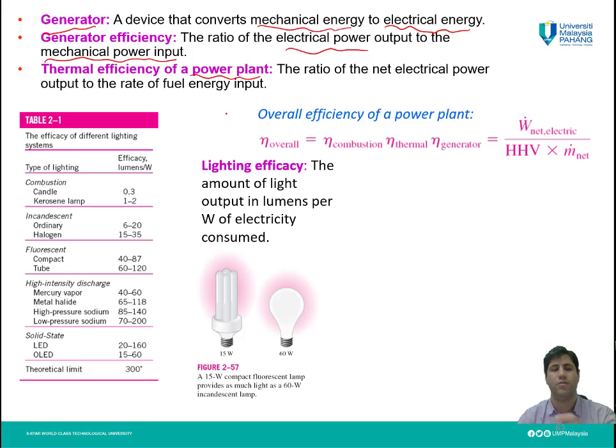This phase change produces vapor. The vapor goes to the turbine, and as you know, a turbine has a shaft and blades. The vapor comes to the blades and pushes them, turning the shaft of the turbine.